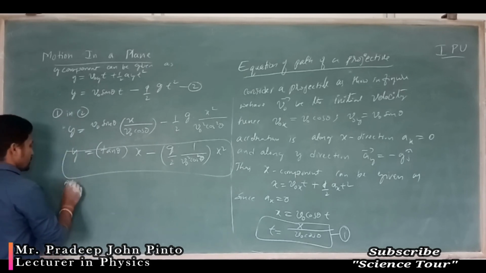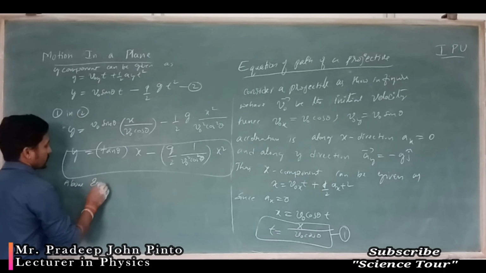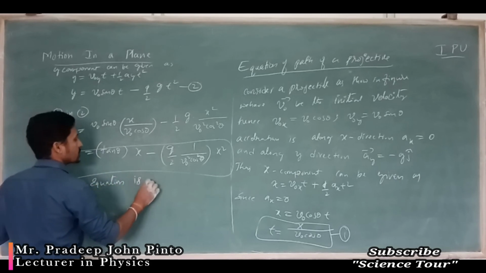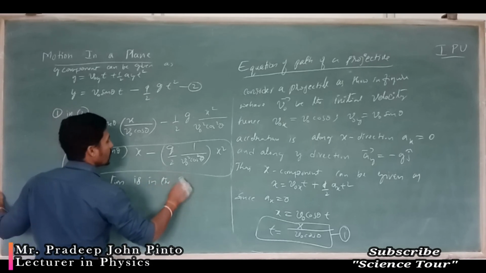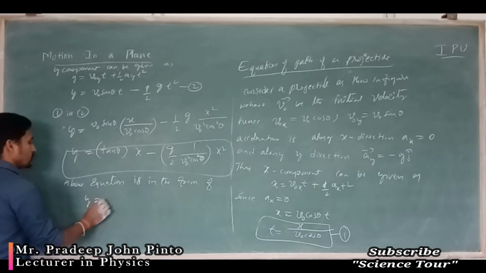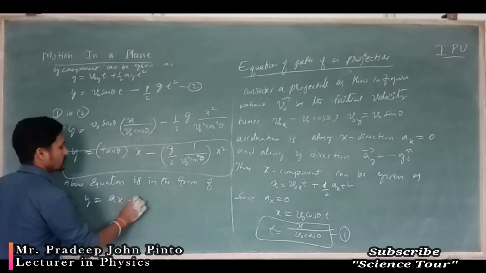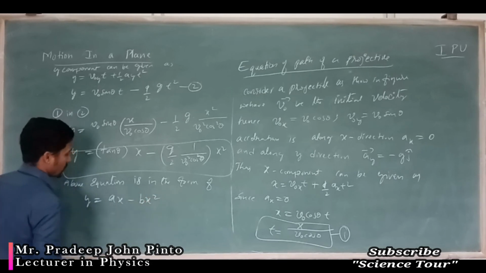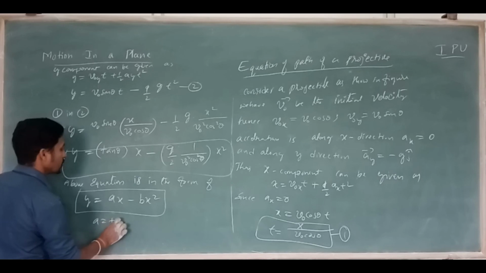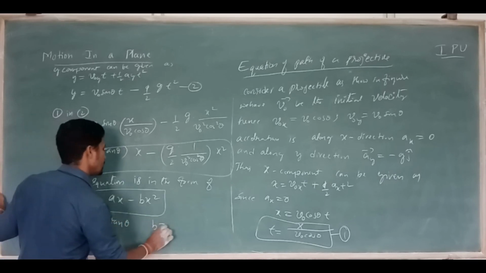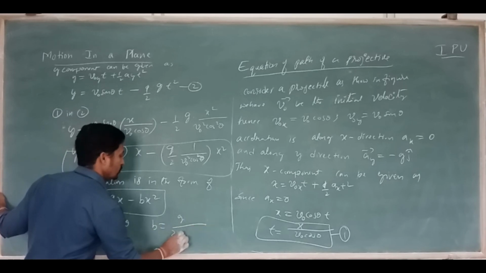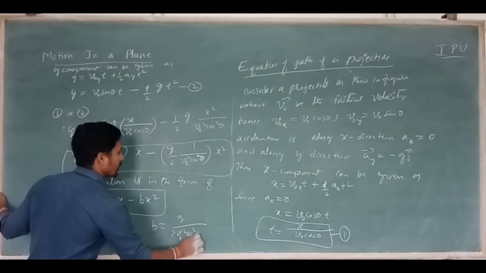The above equation is in the form of y is equal to ax minus bx square, where a is equal to tan theta and b is equal to g divided by 2 v naught square cos square theta.